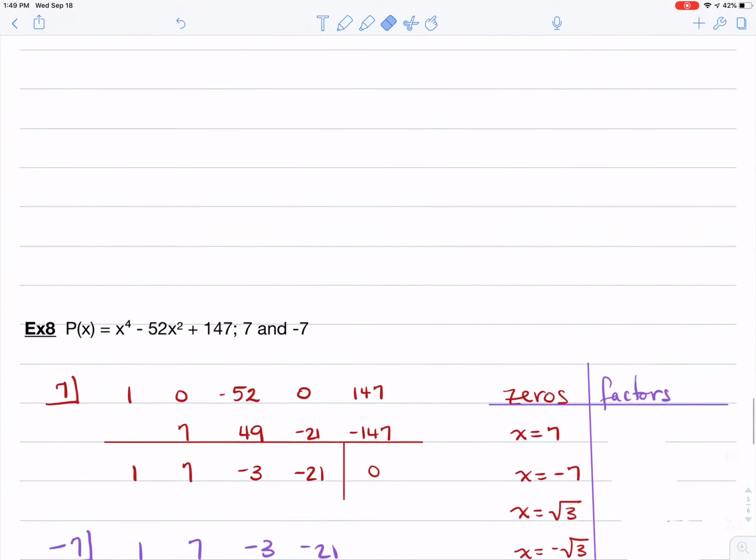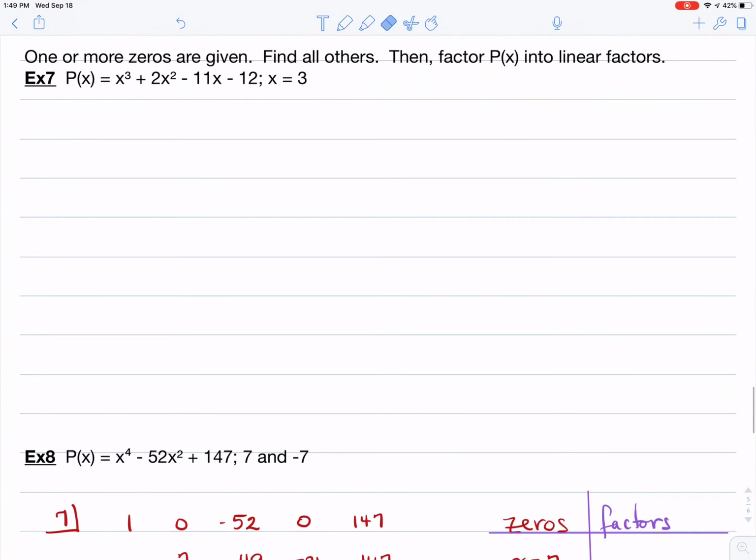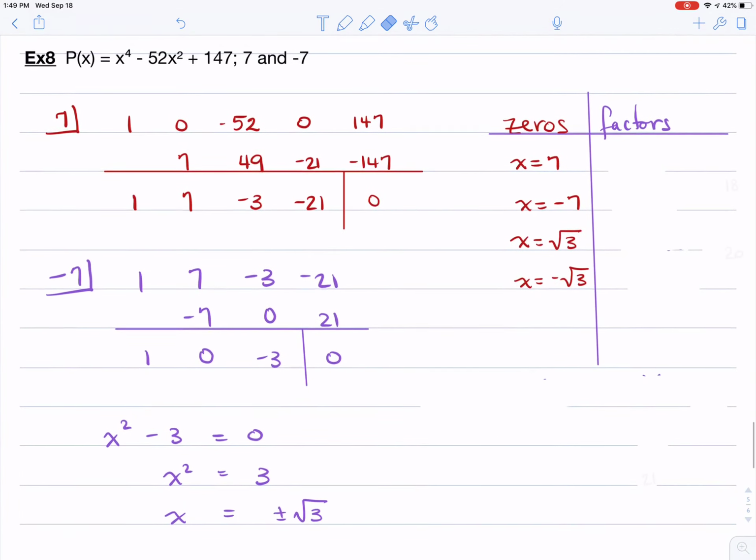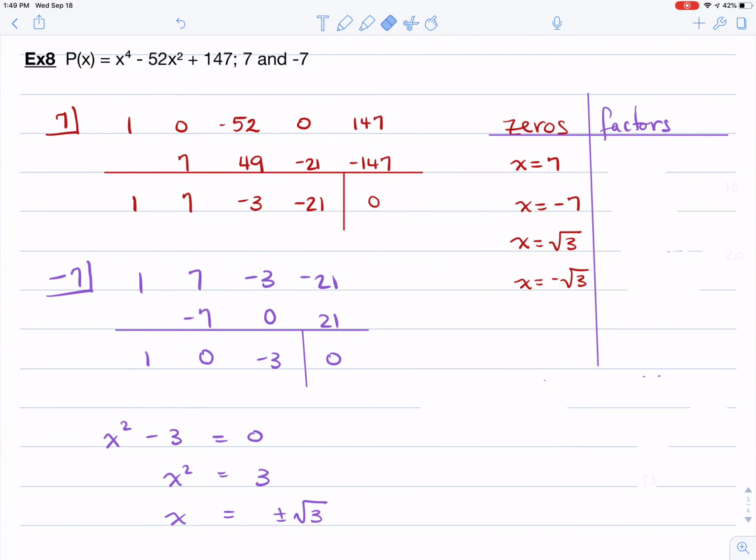So let's go back to the directions. The directions said after you find all the other zeros, then you should take p of x and factor into linear factors. So what I want to do then is I want to take each of my zeros and turn it into a factor. So my first 0 of x equals 7 can be turned into a factor that is x minus 7.